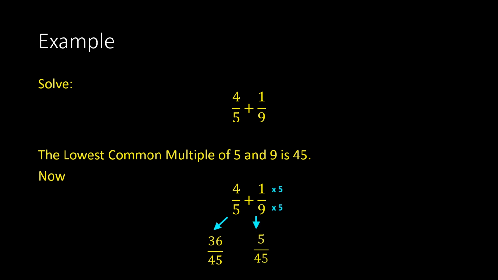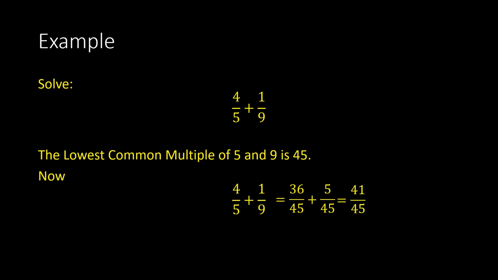And we multiply the numerator and denominator of 1 over 9 by the same number 5 to give 1 over 9 equals 5 over 45. So we now have 36 over 45 plus 5 over 45. The denominators are the same, so we can now add. And so adding the numerators gives us 36 plus 5 equals 41. And we leave the denominators alone to give 45.